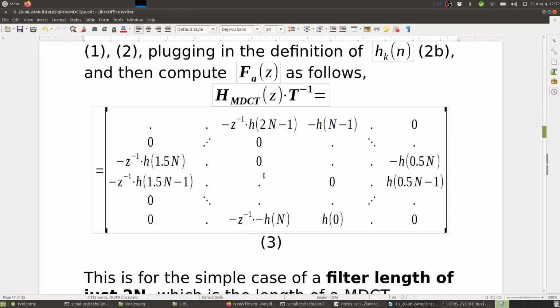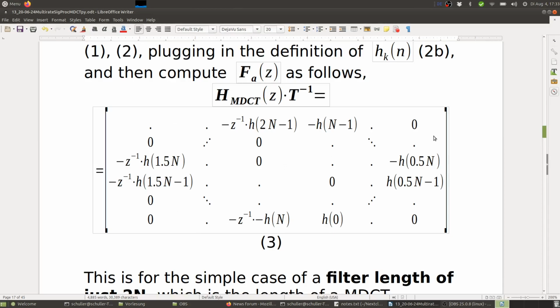But when we have this n over 2 as a shift, as a time shift, then it turns out that the z to the minus 1 here that we get is limited to this left half of the matrix. And this is the big advantage of this formulation, and that's why we have this n over 2 as a shift in the definition of the MDCT, because then we can factor this delay out of this matrix.